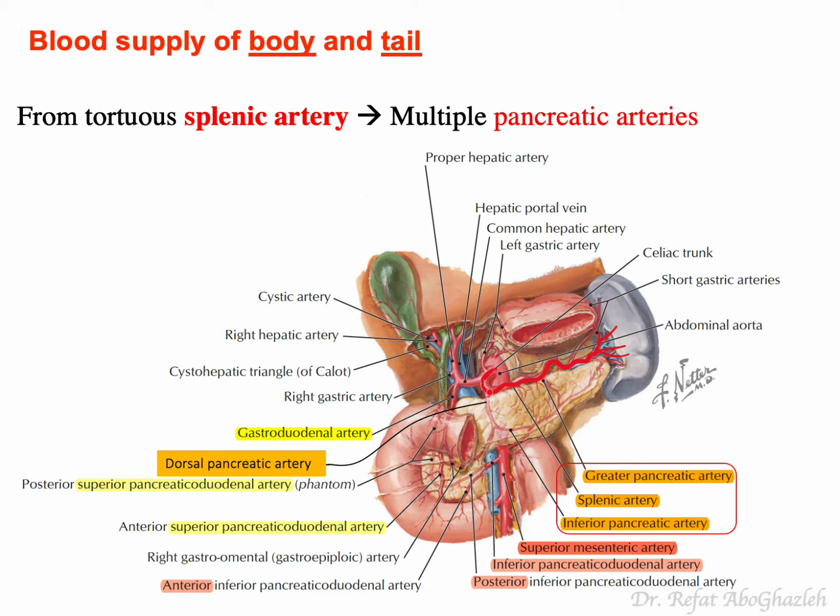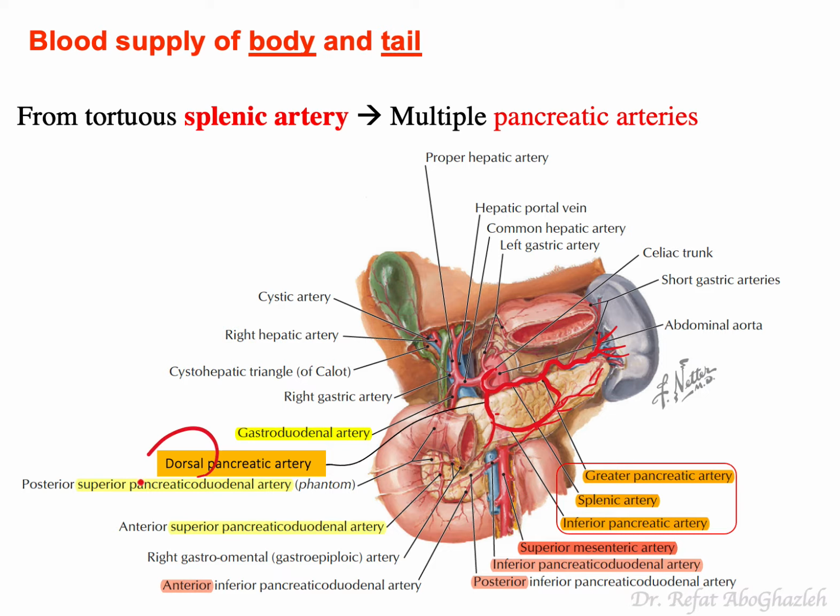So mainly it has these two branches, the dorsal pancreatic, and in the middle of it you have the greater one, and the dorsal, we have dorsal and the greater. The dorsal divides to give inferior one that passes along the inferior border of the pancreas, guys.